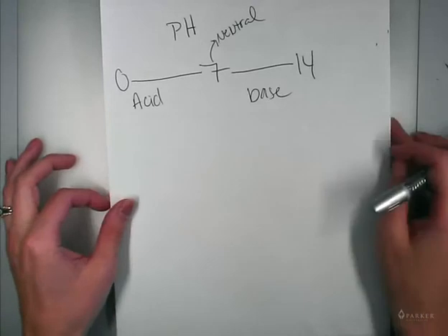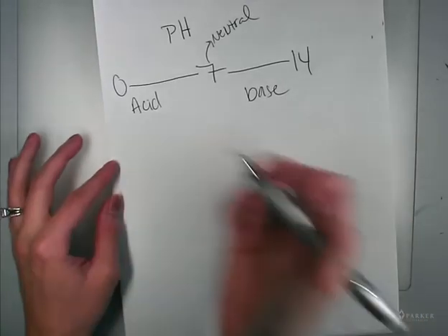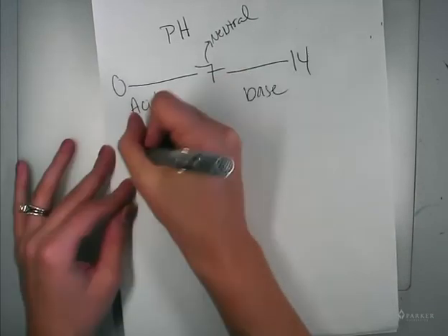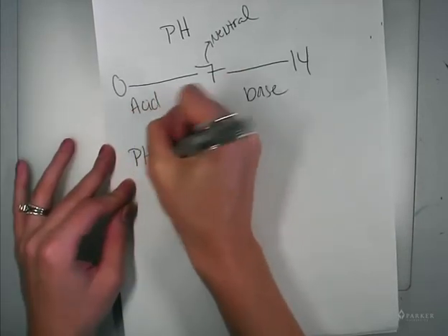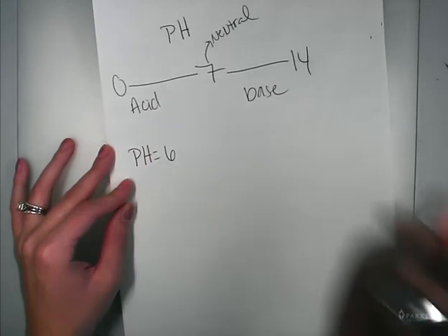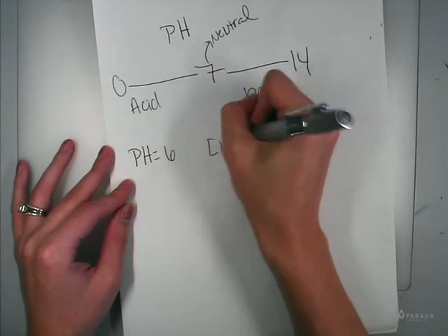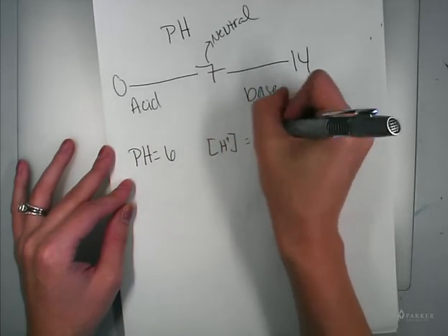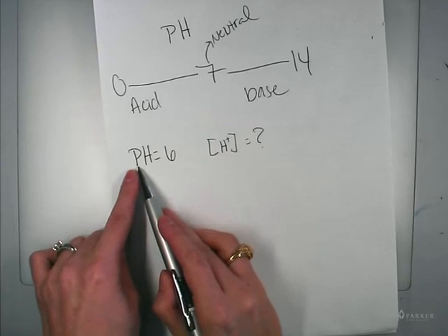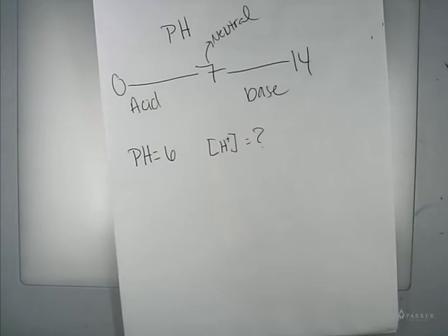Okay, so then we also have the formulas. Let's say we have a pH of 6, and we want to know the concentration of H+. Anytime you have a P in front of something, that stands for negative log.